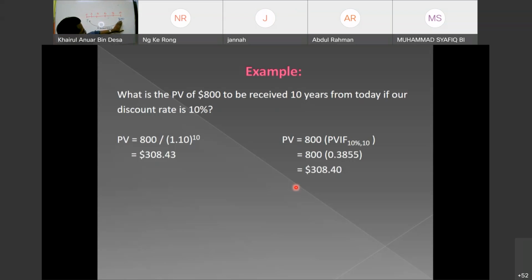Berapa kita perlu simpan pada hari ini, pada tahun kosong ini, supaya dalam tempoh 10 tahun kita ada 800K.